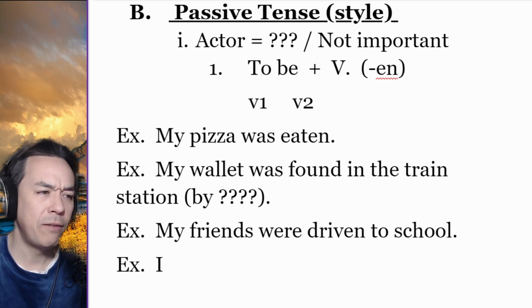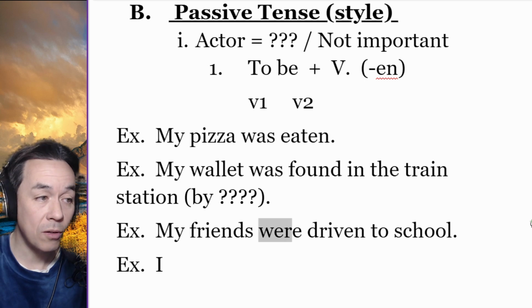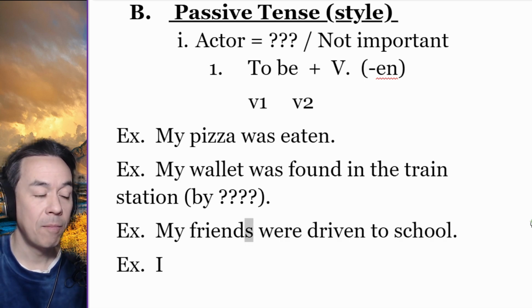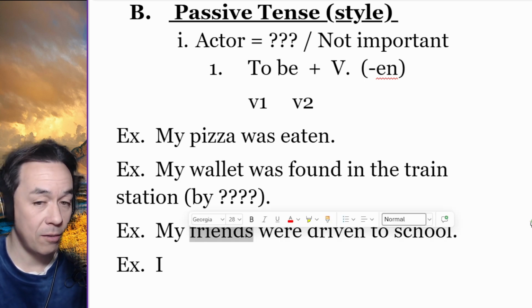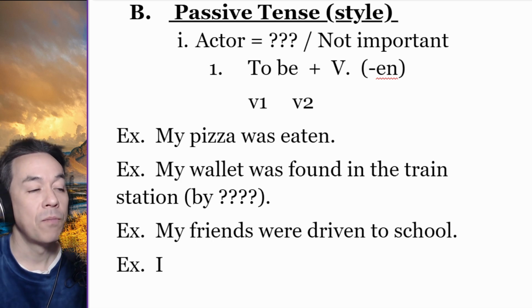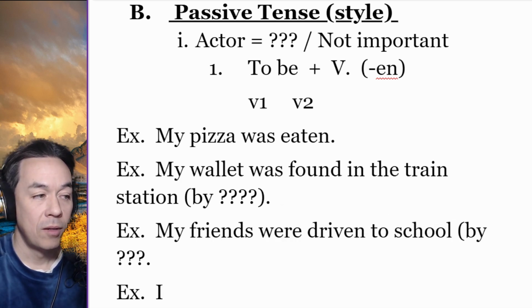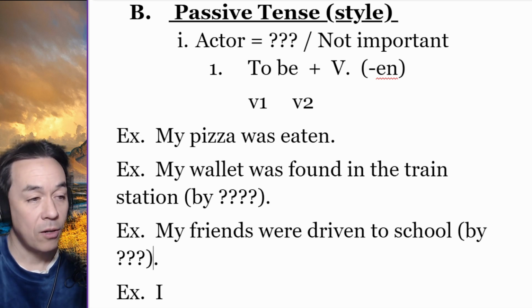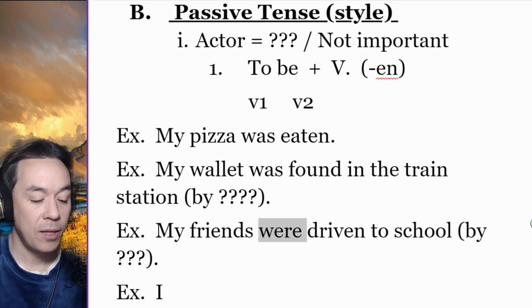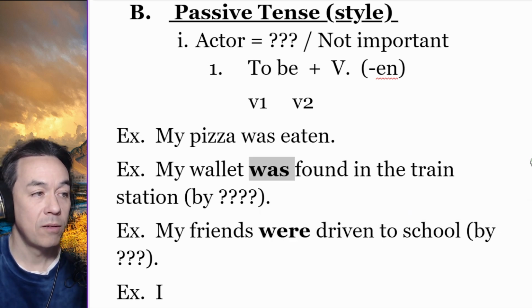So again, driven, that's one of the strange types. And then a plural version, because friends is more than one. How many? I don't know. 2, 3, 4. Were driven to school by, I don't know, somebody in a car. Okay, so you got to worry about that. Were, is it was, and then was it eaten, driven?